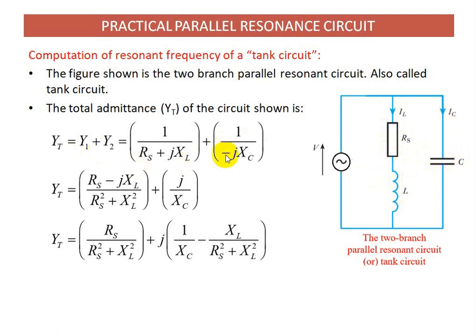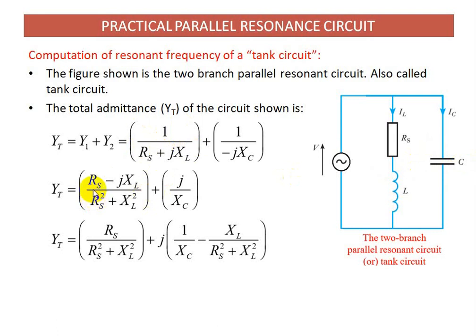The total admittance of the circuit is called YT. This is equal to first branch admittance plus second branch admittance. So first branch admittance is 1 by Rs plus j omega L. XL or j omega L is the inductive reactance of the inductance, and then plus for this capacitance it is 1 by minus jXC. Now you multiply and divide the first term by Rs minus jXL.